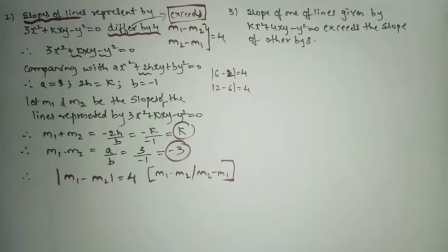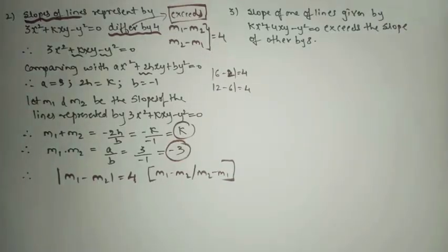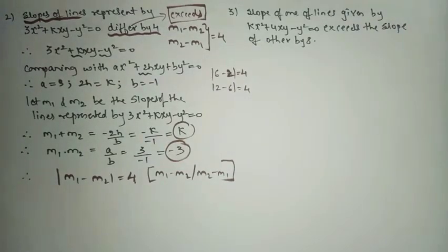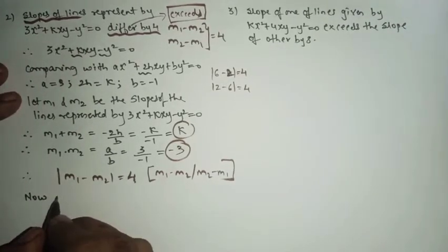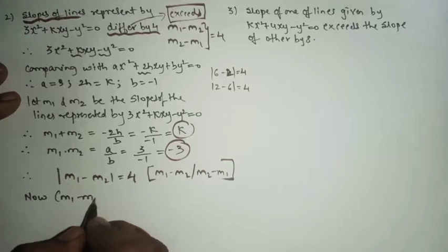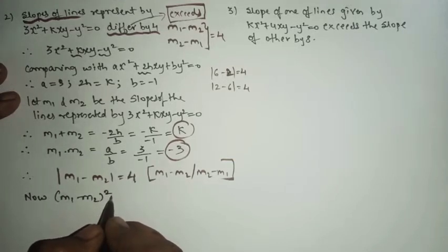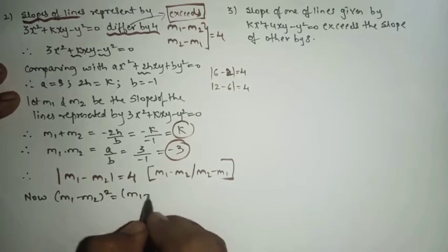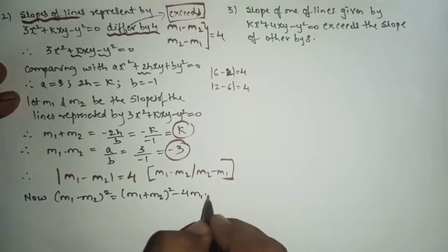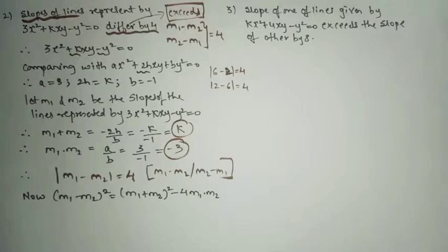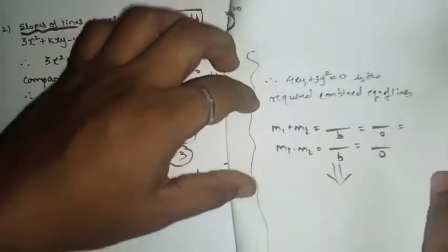Now after this there is one formula which was there in the 10th standard with respect to alpha and beta. We will use that formula now: (m1 - m2)² = (m1 + m2)² - 4 m1 m2. This formula was there in 10th standard, the identity formula. Yes or no?